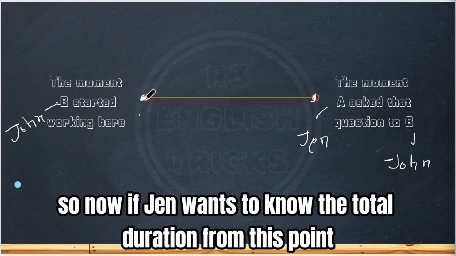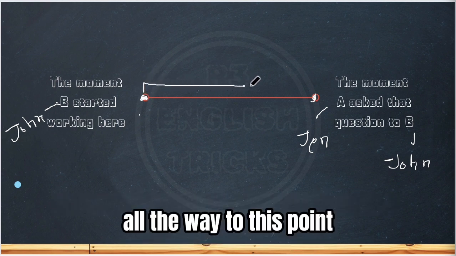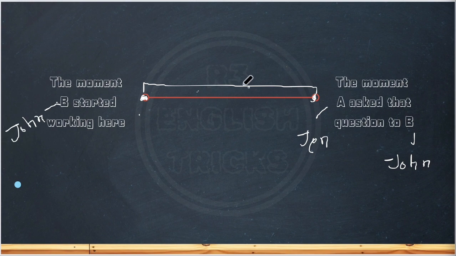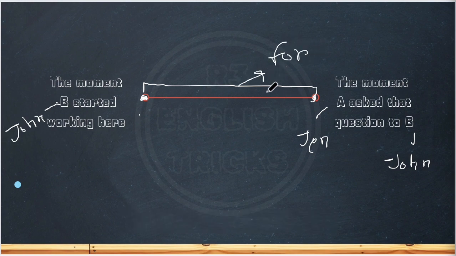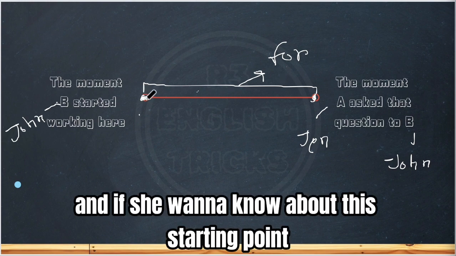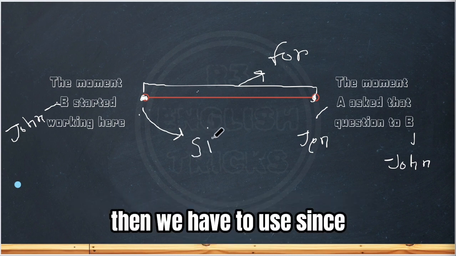So now if Jane wants to know the total duration from this point all the way to this point, then we have to use "for". And if she wants to know about this starting point, then we have to use "since".